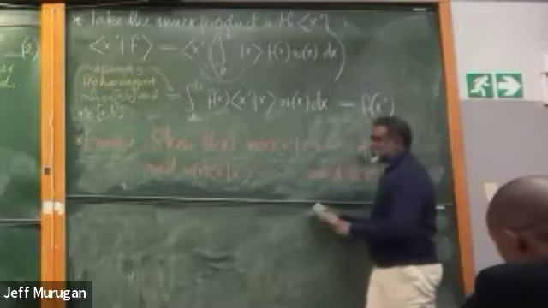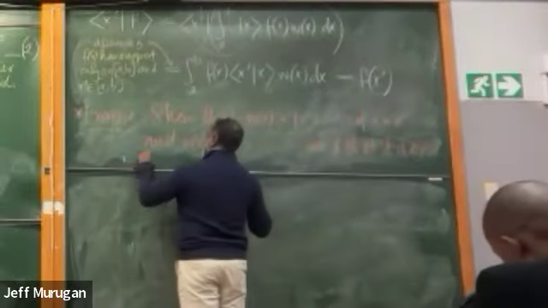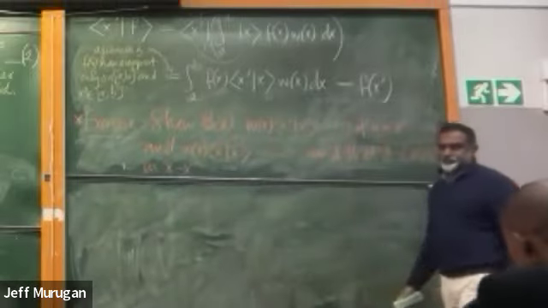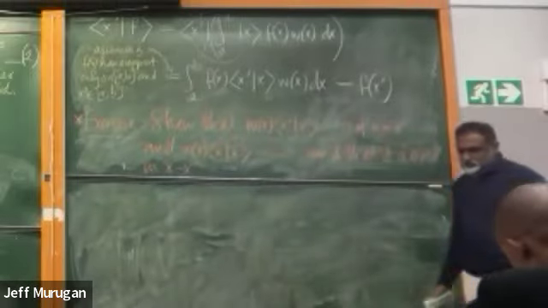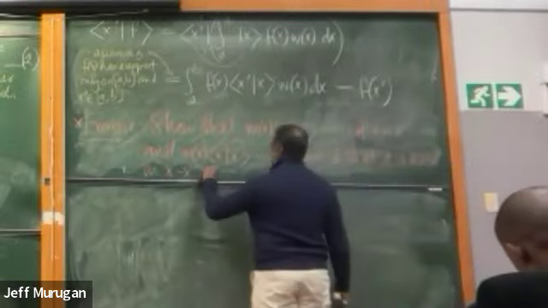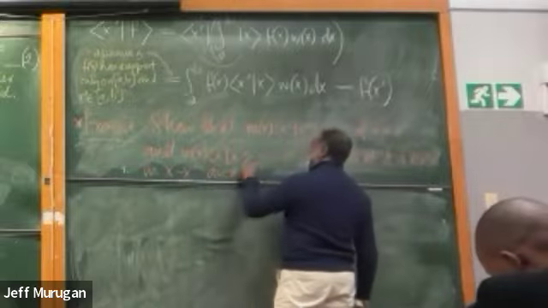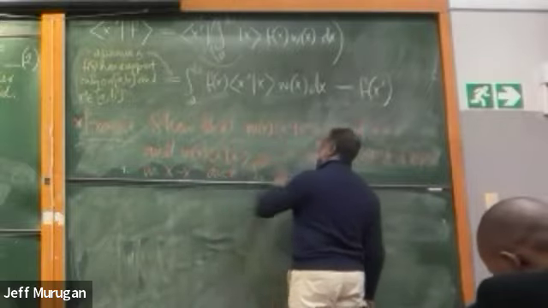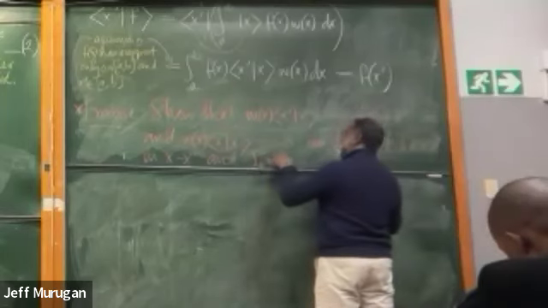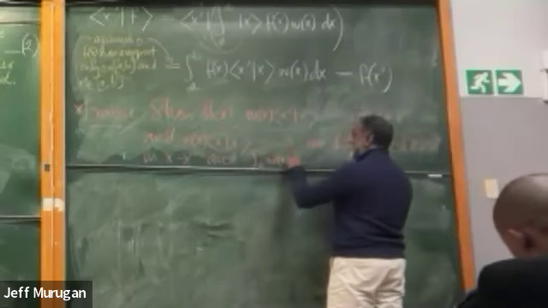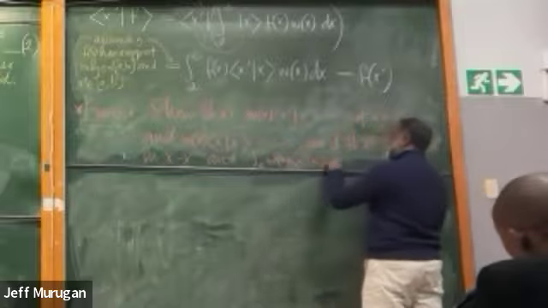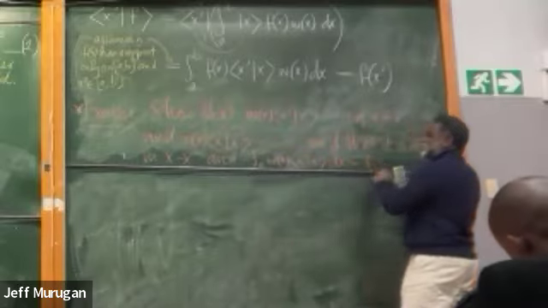It's an even function of X minus X prime, and if I integrate over A to B, W of X, of X prime inner product X, then I get 1.